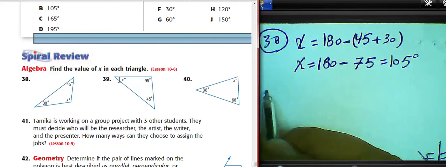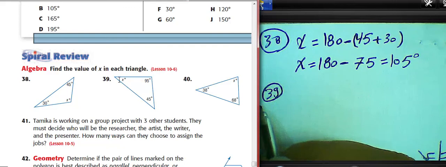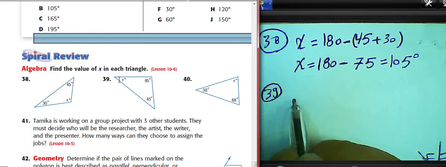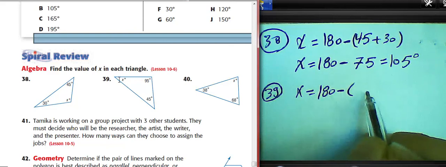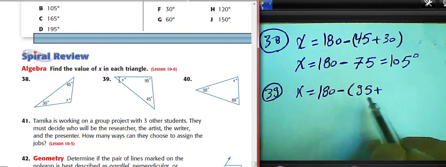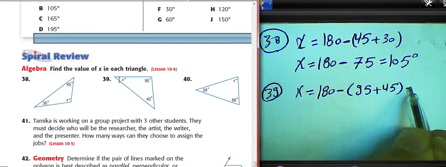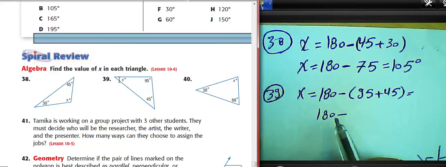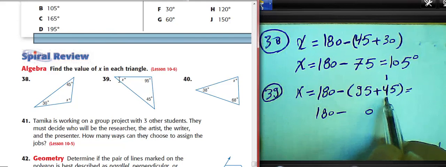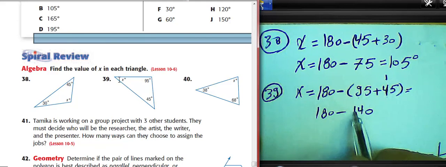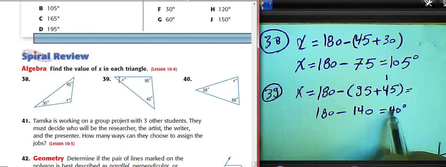And question 39, we can find the result about x. x equals 180 subtract 95 and 45. 180 subtract what? 5 plus 5 equals 10, 0 and carry 1. 4 plus 1 equals 5, 5 plus 9 equals 14. So the result will be 40 degrees.